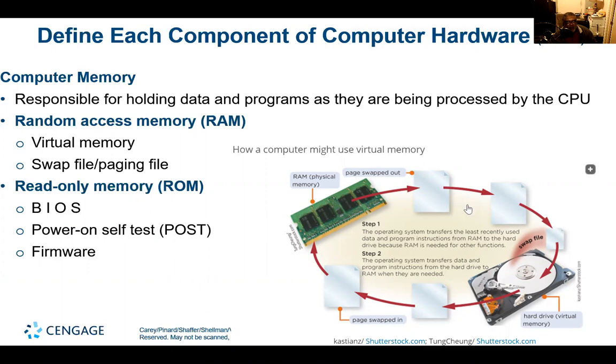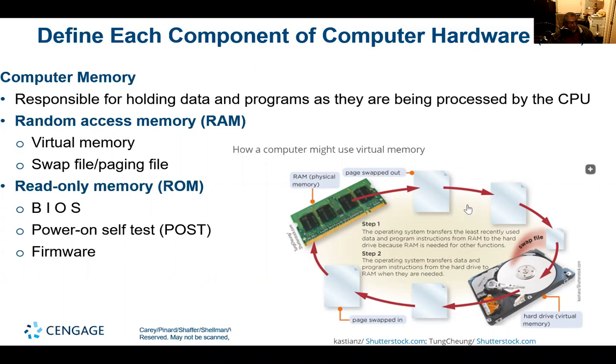Read-only memory, or ROM. This is the stuff that you'll find in your BIOS, which you can change. It's a writable EEPROM. It allows you to write to the actual chip. Normally, your BIOS is located there. We'll talk more about BIOS at a later date. Power on self-test.